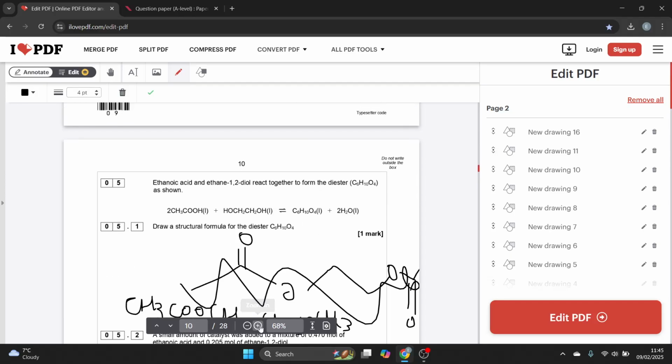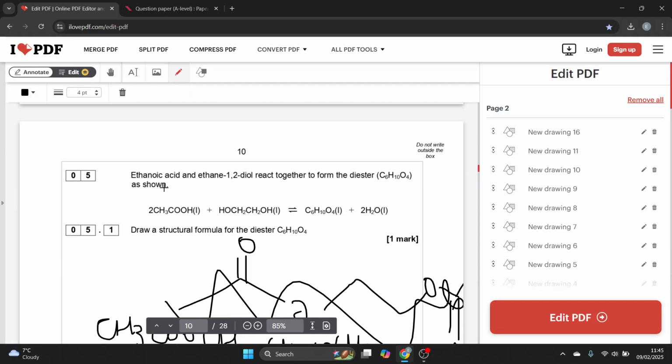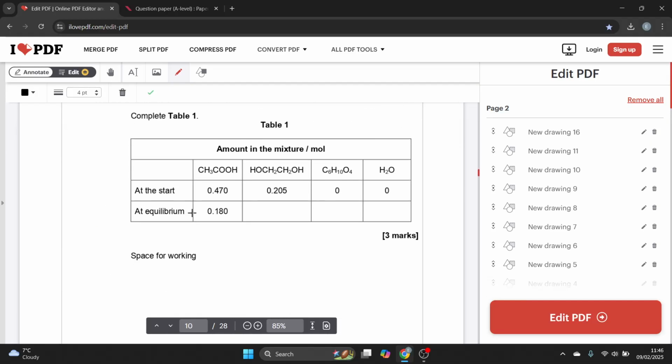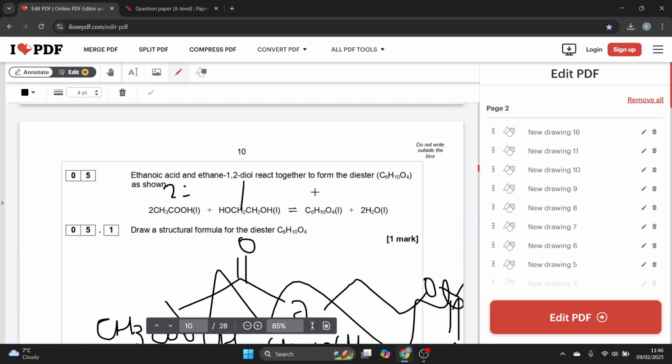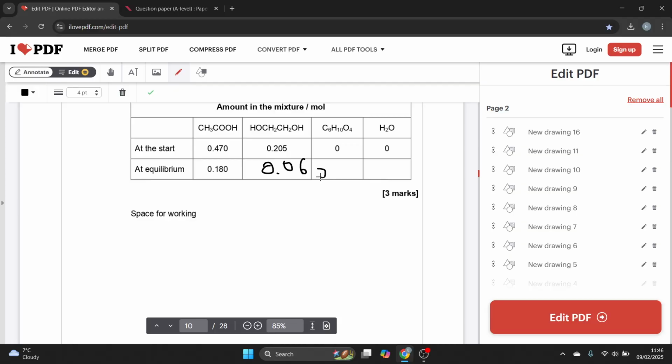Because if you don't look at the actual equation, you'll get the answer wrong, because it's actually a 2-to-1 molar ratio. So I do 0.470 minus 0.180, which is 0.29, then divide it by 2, 0.145, then 0.205 minus 0.145 to get 0.06. And then for the rest, I'm just going to add 0.145, and in this case, it's just going to be 0.290. That's really sneaky. So 0.06, 0.145, 0.290.